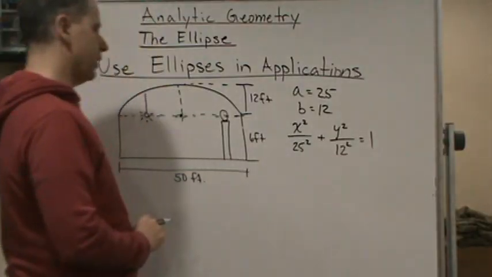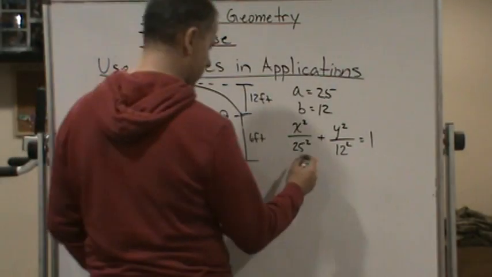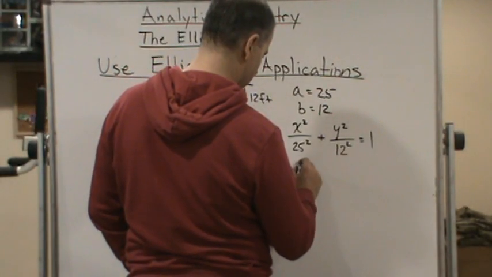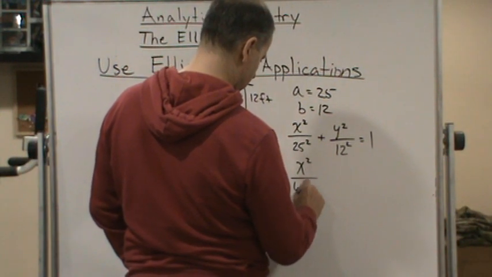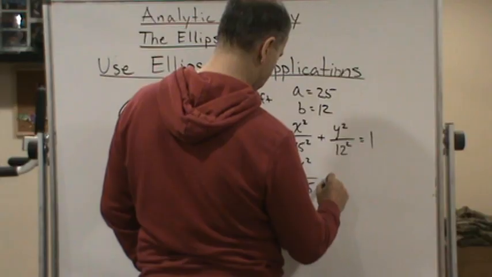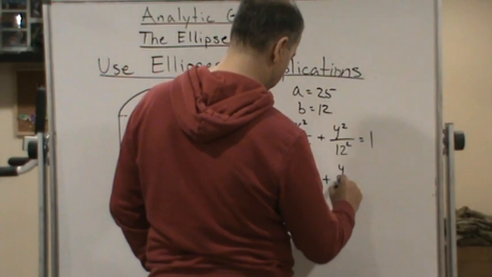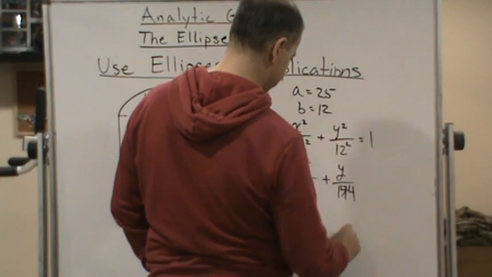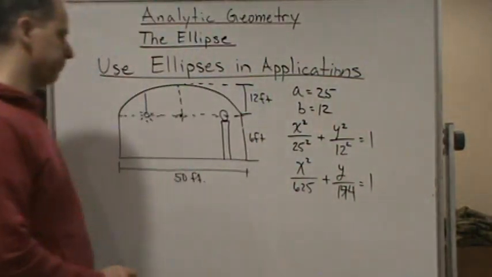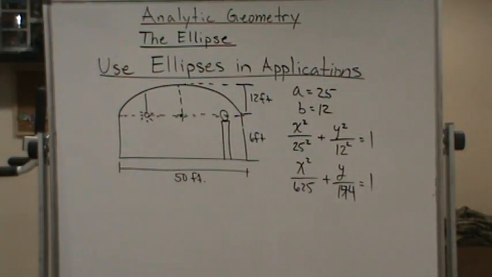All right, so there's the equation they want us to use. Or in other words, let's write it as x squared over 625 plus y squared over 144 is equal to 1. Okay, so that was the first part of the question.